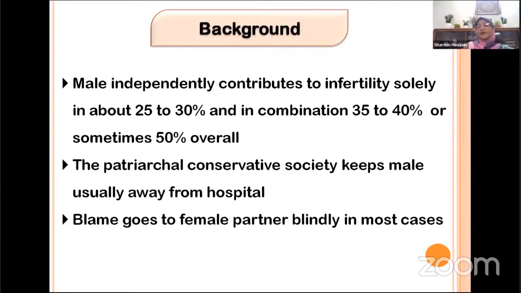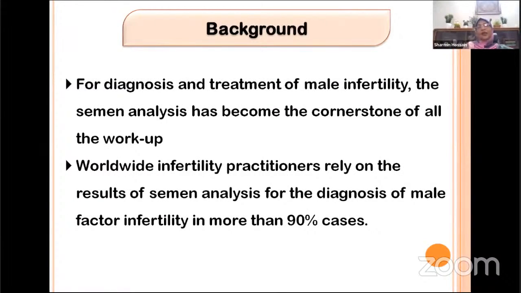Blame goes to female partners blindly in most cases. For diagnosis and treatment of male infertility, semen analysis has become the cornerstone of all the workup. Worldwide, infertility practitioners rely on semen analysis for the diagnosis of male factor infertility in more than 90% of cases.